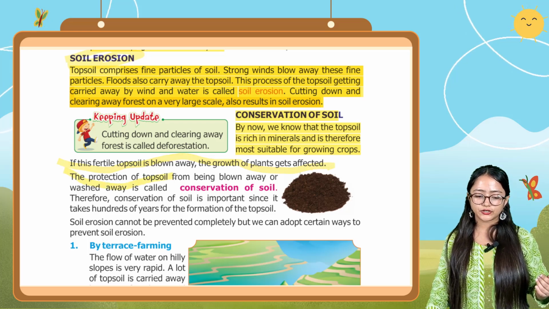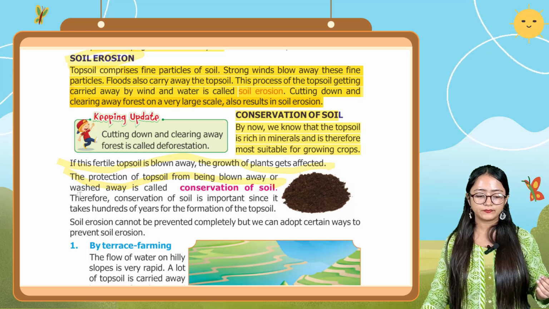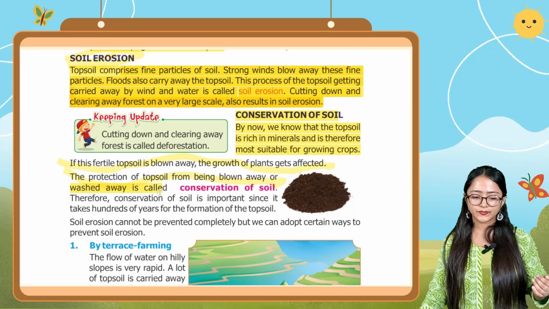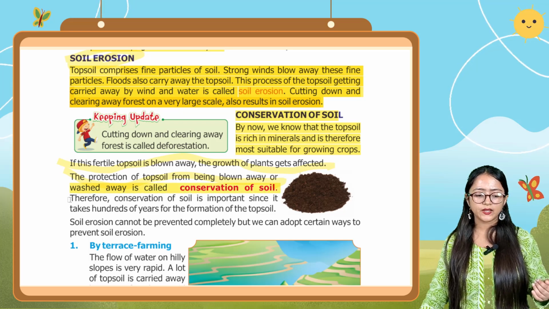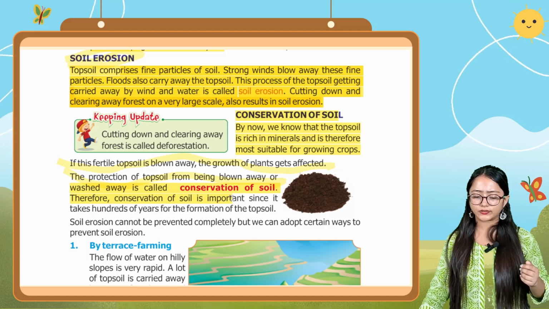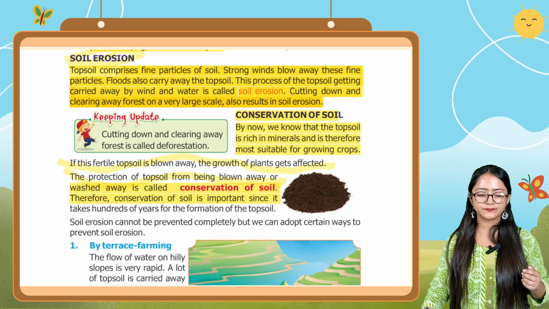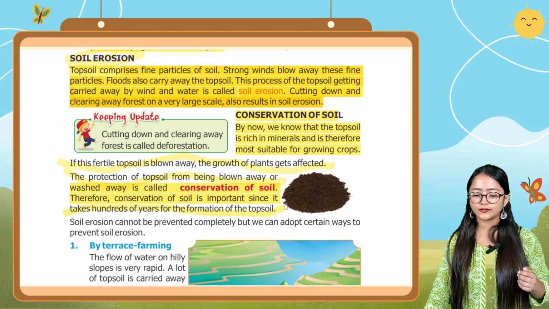The protection of topsoil from being blown away or washed away is called conservation of soil. Therefore, conservation of soil is important since it takes hundreds of years for the formation of the topsoil.